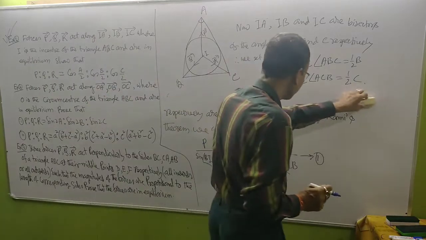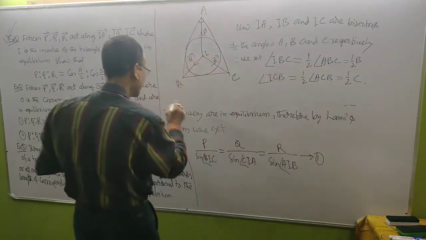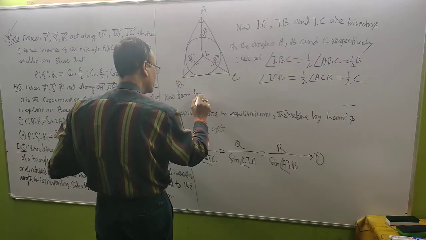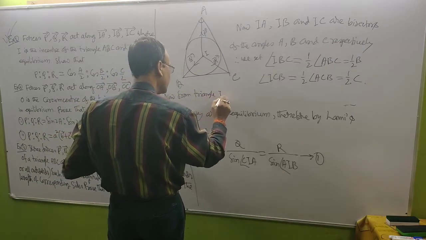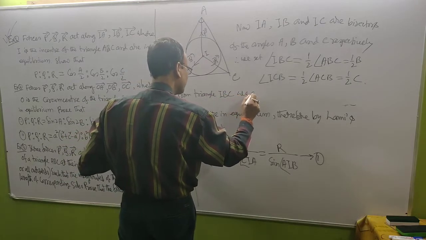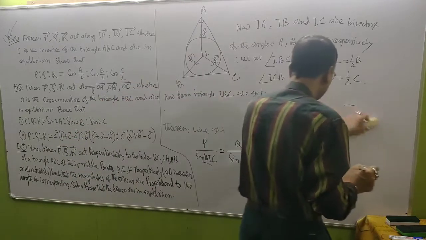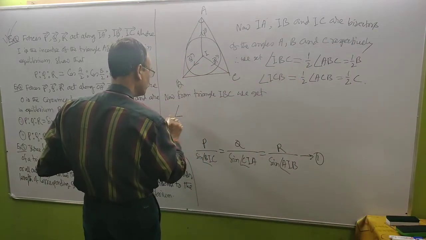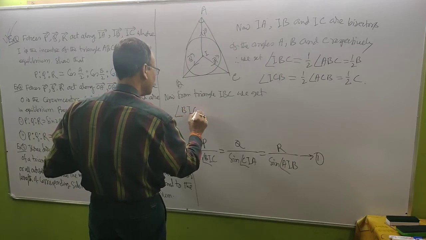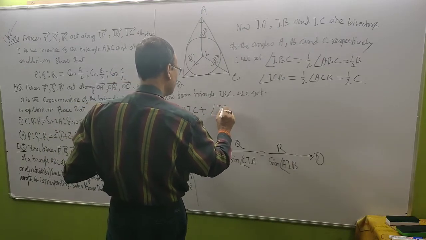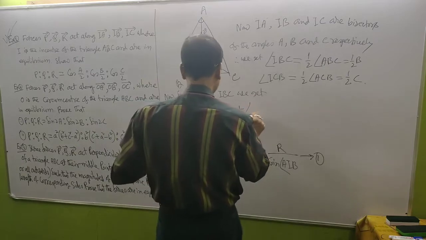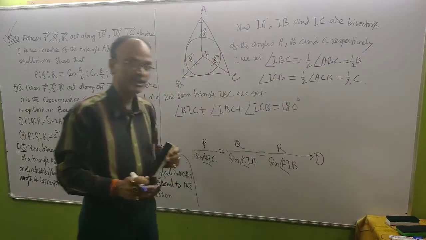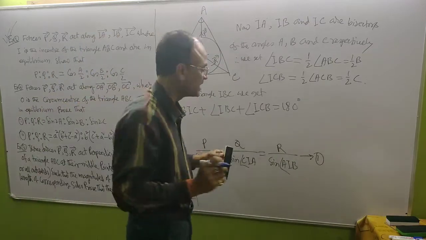Now, from the triangle IBC we get angle BIC plus angle IBC plus angle ICB equal to 180 degrees. The sum of the interior angles of a triangle is 180 degrees.